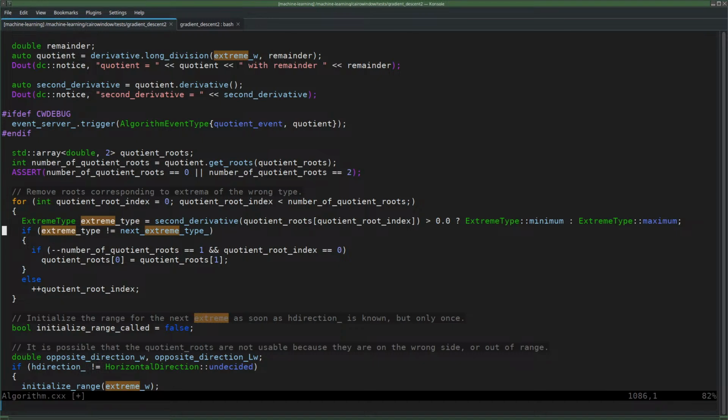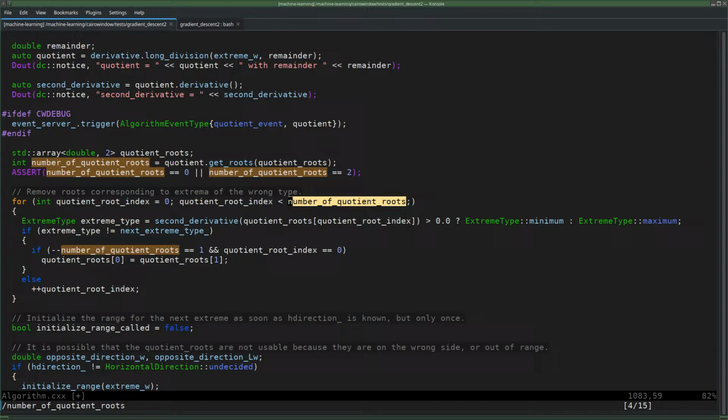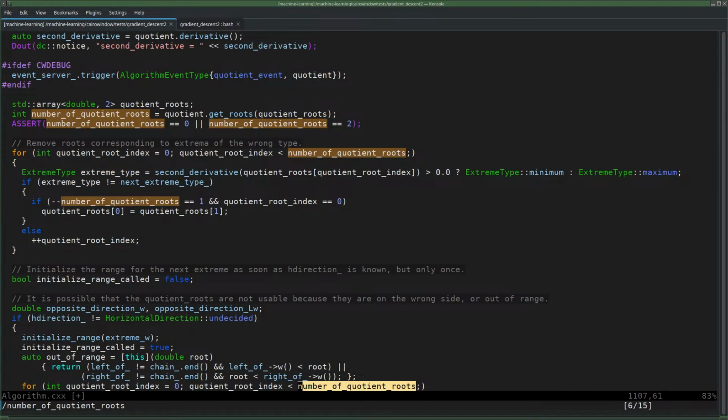And then I did that after this assert, but the result is that now the assert is no longer true. We might now have just one root instead of two. So what is the result of that?